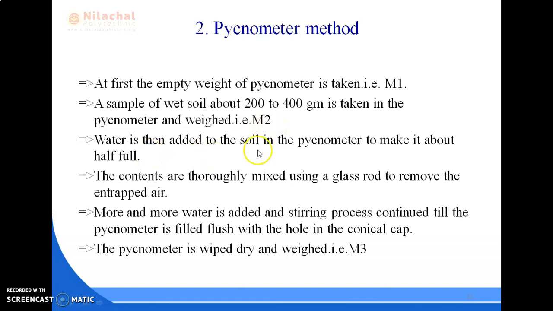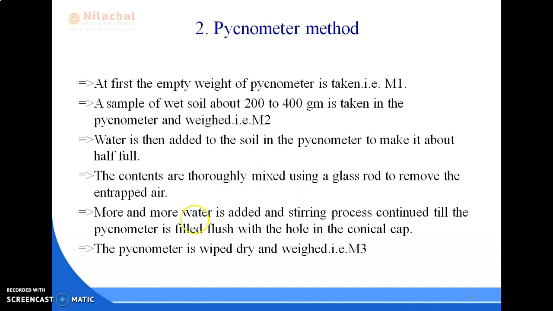Water is then added to the soil in the pycnometer to make it about half full, and the contents are thoroughly mixed using a glass rod to remove the entrapped air. So we have to mix it through this hole using a glass rod.